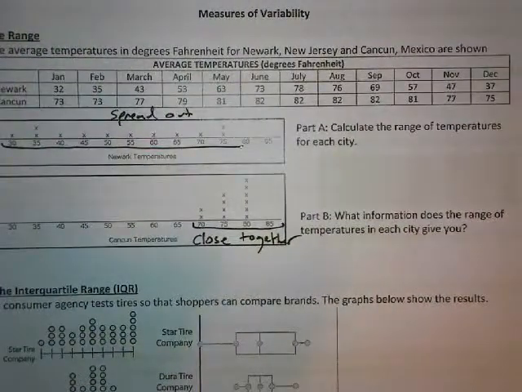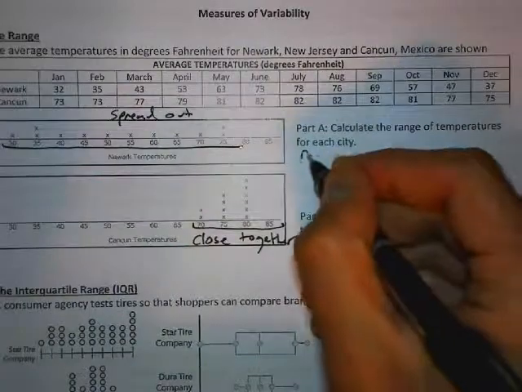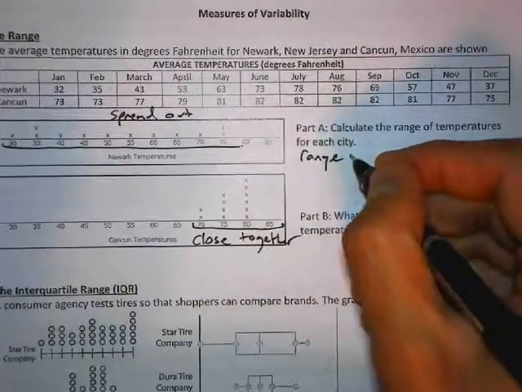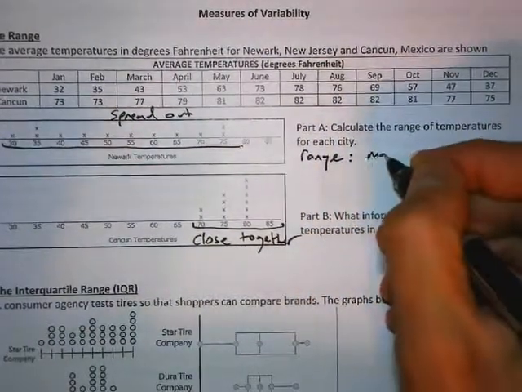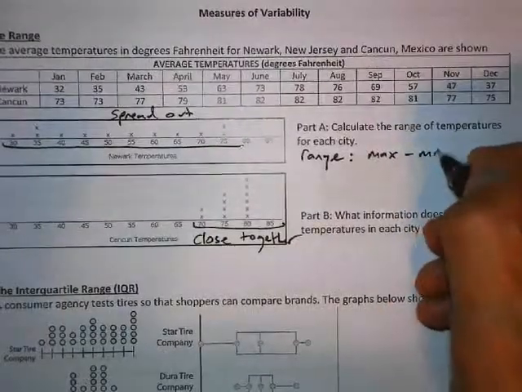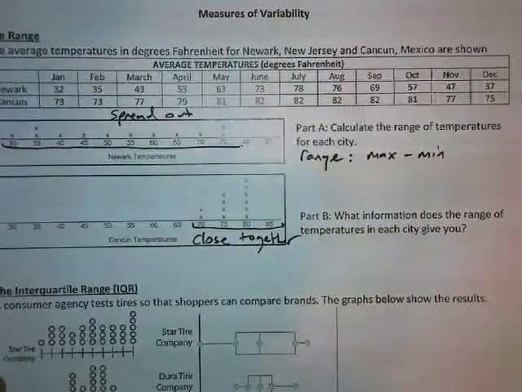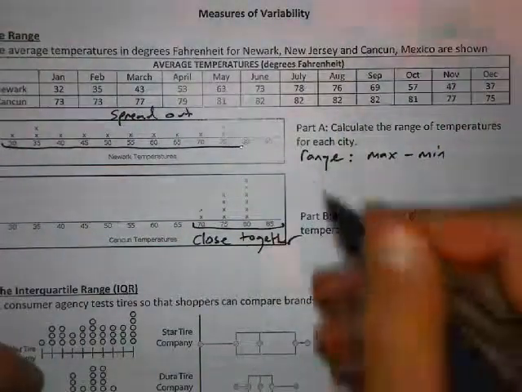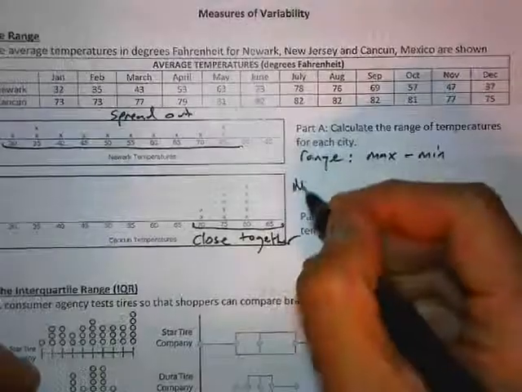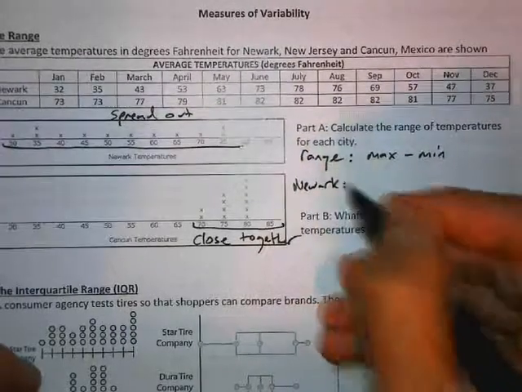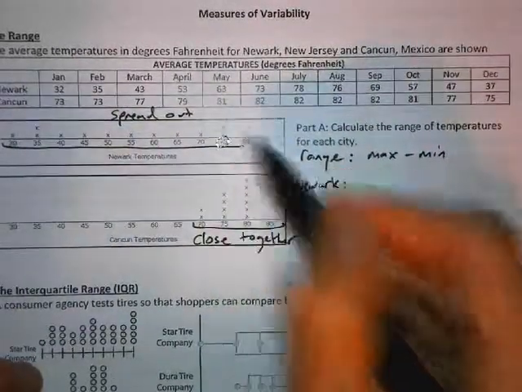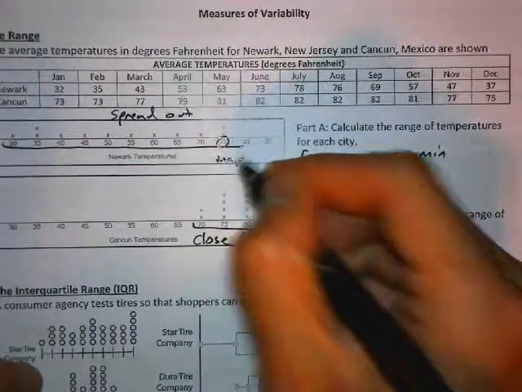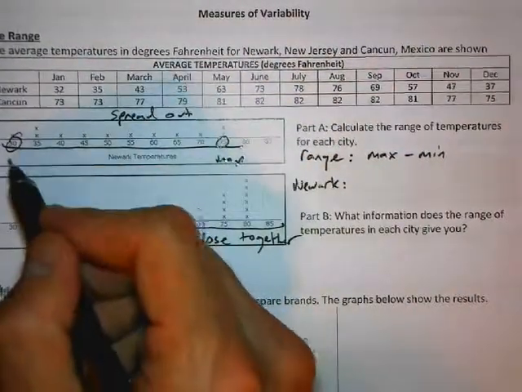The range you probably did over the last several years. The range is the maximum minus the minimum. And so the maximum is the largest temperature, the minimum is the smallest. For Newark, that means we're going to do 75, that's the max, minus 30, that's the min.